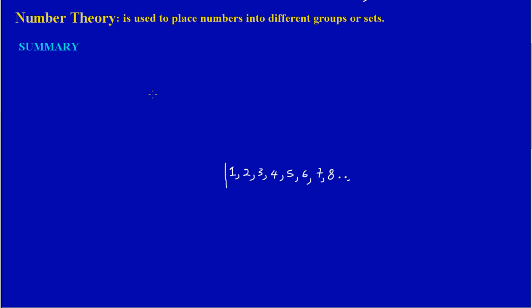Now let's just put this in a little rectangular box. Okay, now these would be what we call our natural slash counting numbers.